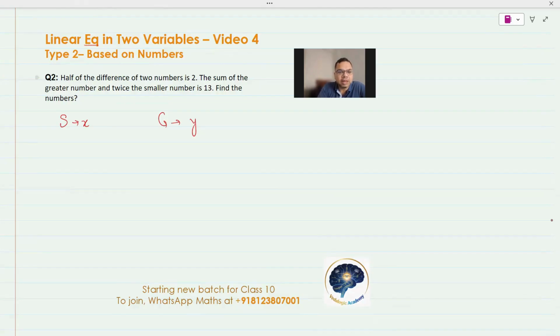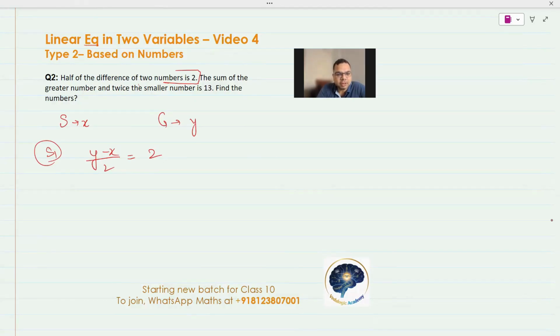I'll take scenario 1. Half of the difference of two numbers is 2. So scenario 1 is (y minus x) by 2 is 2. Half of the difference, the difference is y minus x, upon 2 is 2.